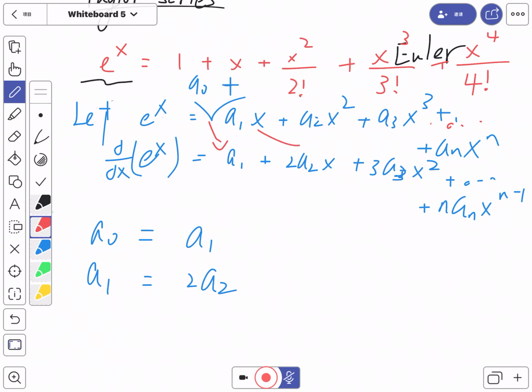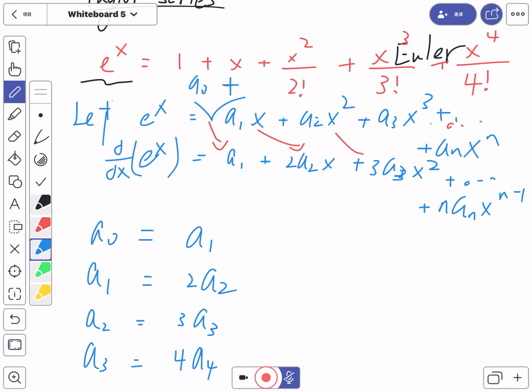We're matching these terms, and a3 x cubed, we're matching with 4 times a4 x cubed. So we also have a2 equal to 3 a3, and a3 equal to 4 a4.